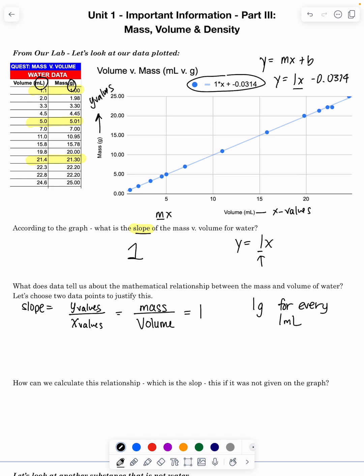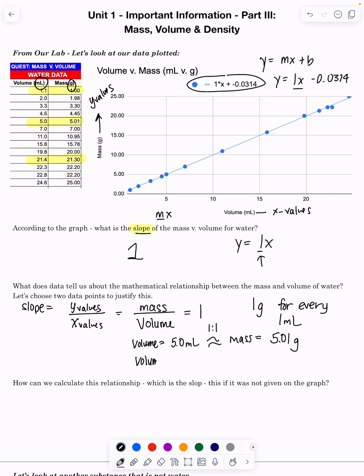So let's choose 2 data points to justify this. I highlighted a couple here. If our volume is 5 milliliters, look at the mass. The mass is about the same, 5.1 grams. This is about the same. This is 1 to 1. Let's choose another data point.